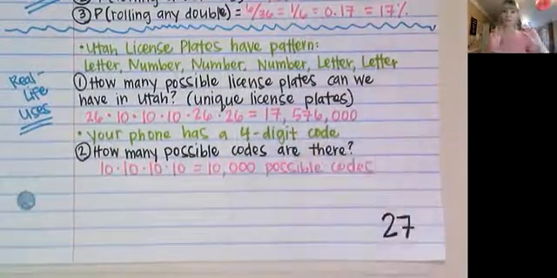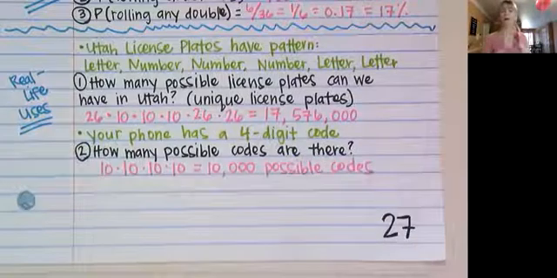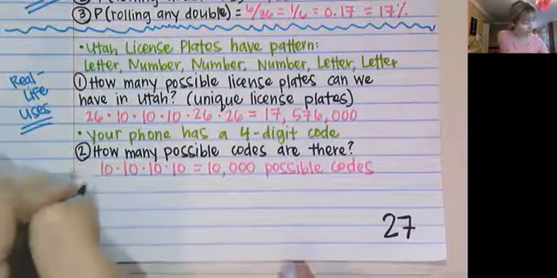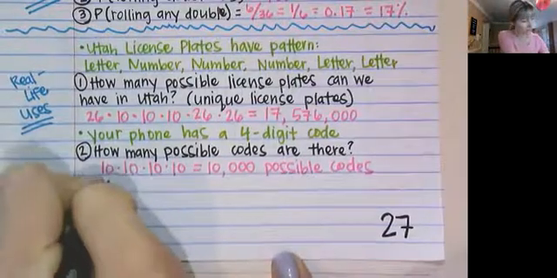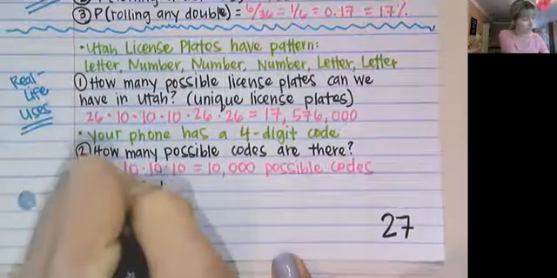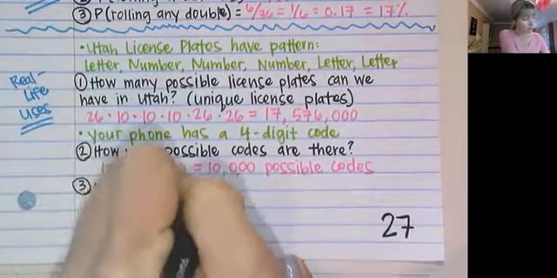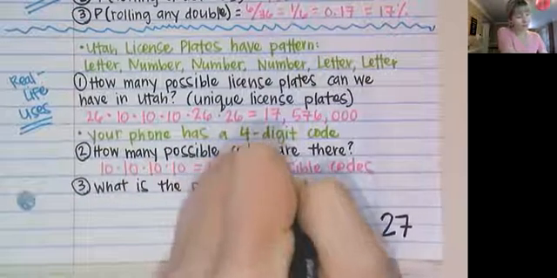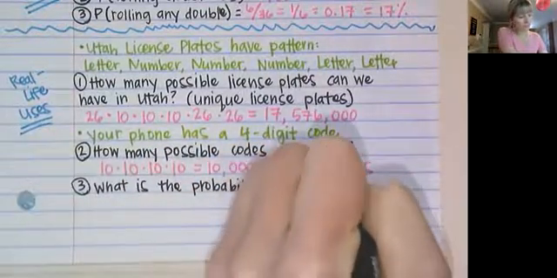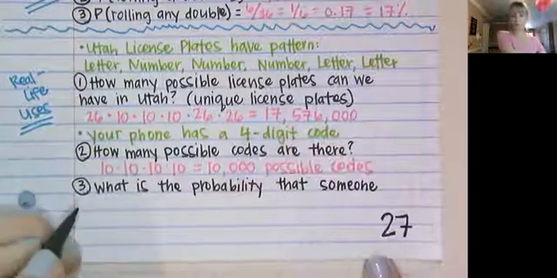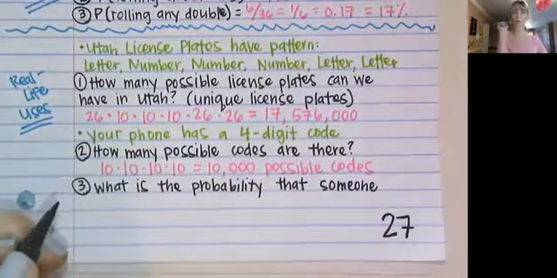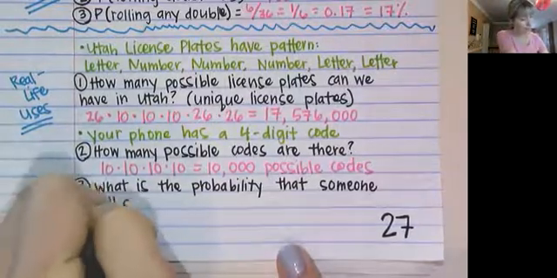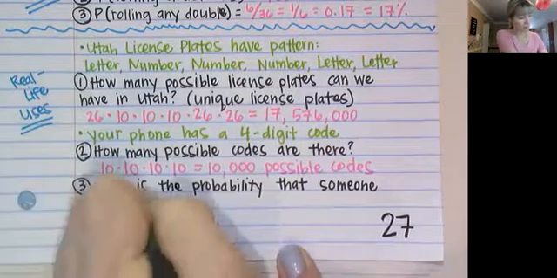So even if you just do a basic 4-digit code, there are 10,000 possibilities. So here's an important question. What is the probability that someone just picks up your phone and tries to guess your code? What is the probability that someone will guess your specific code?